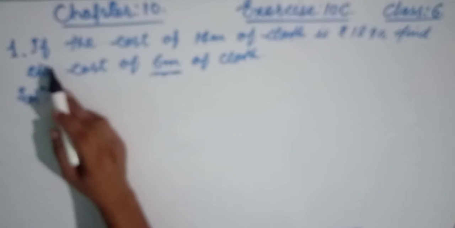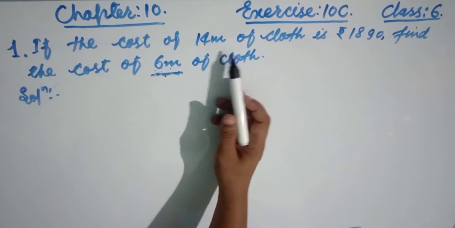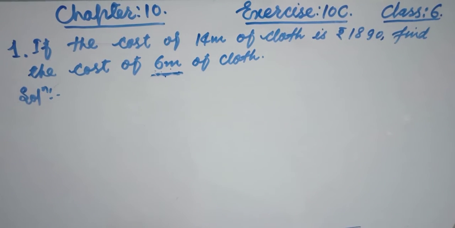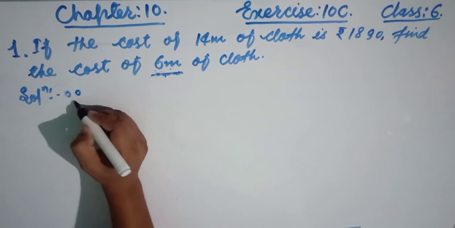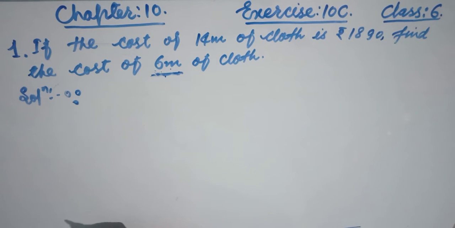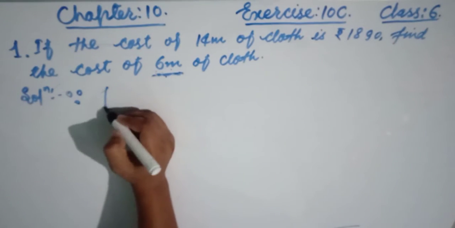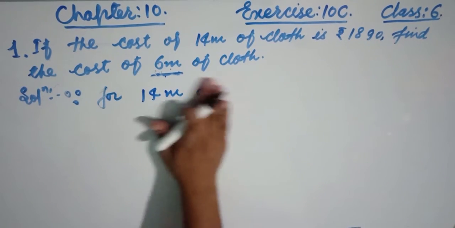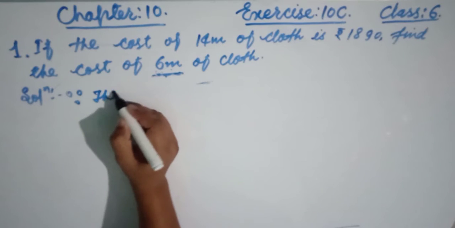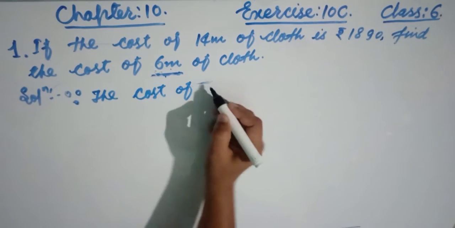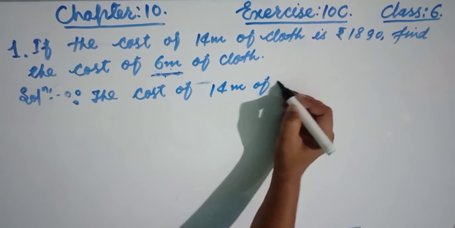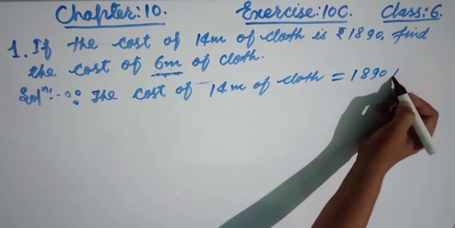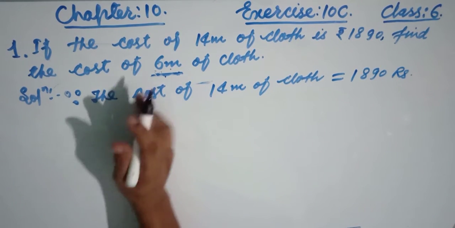Now here friends, the question says that if the cost of 14 meter of cloth is 1890 rupees, then I have to find what will be the rate of 6 meter, okay. Simple friends. Now the cost of 14 meter of cloth is equal to friends 1890 rupees, and we have to find, this is the written statement and I copy it as it is friends.